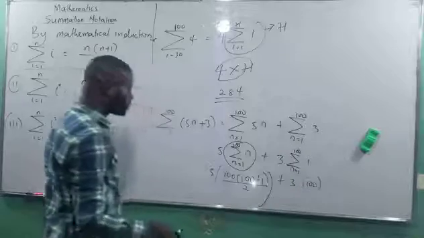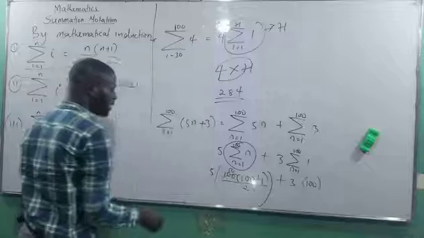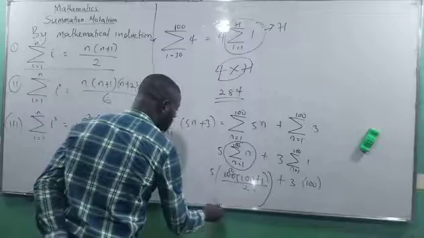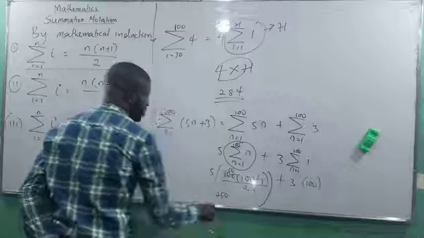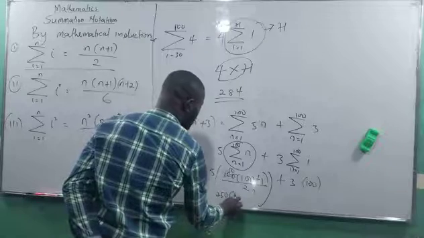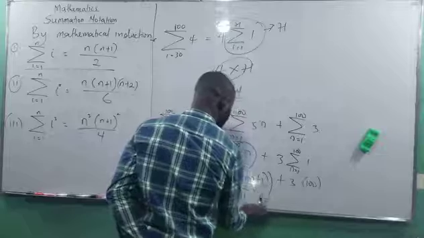Now, at this junction, I'll be having 5 times 101 over 2, that'll be 250 plus, bracket of 101, and this will be plus 300.